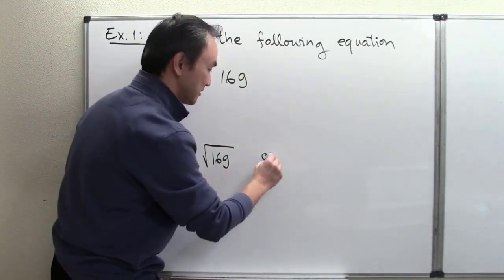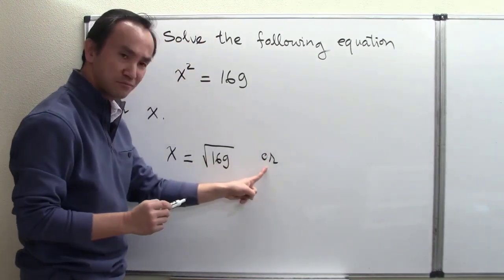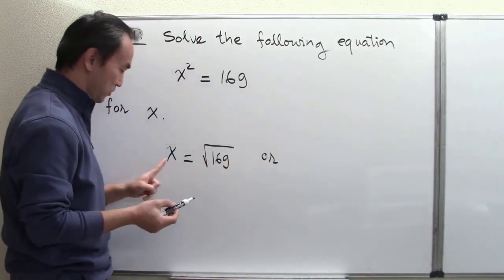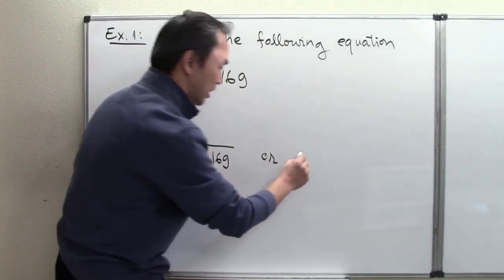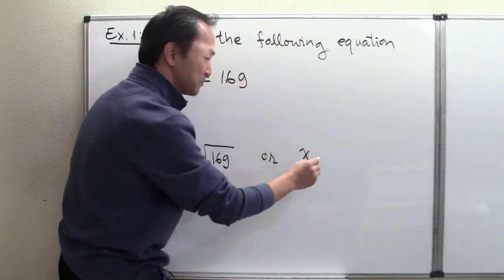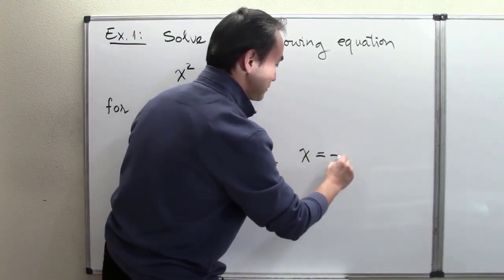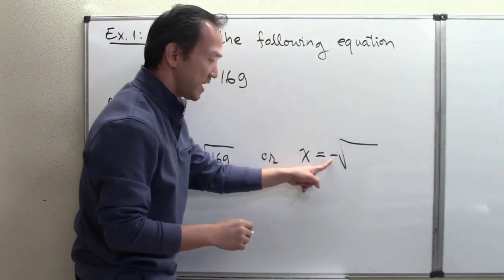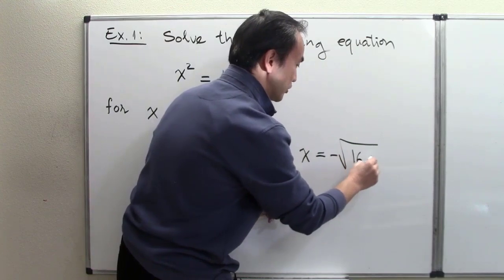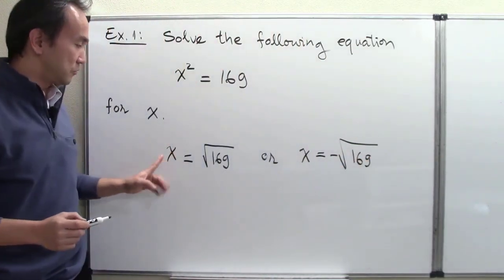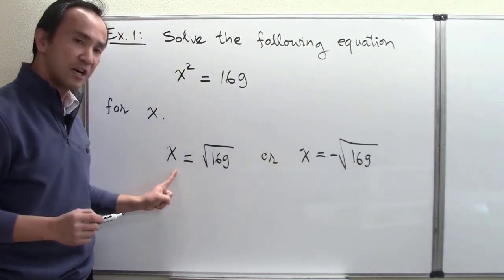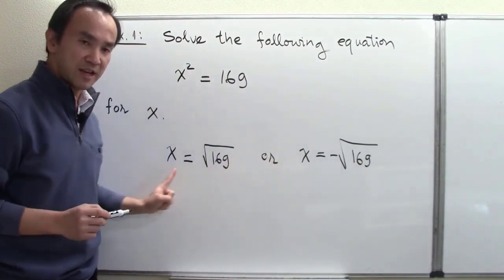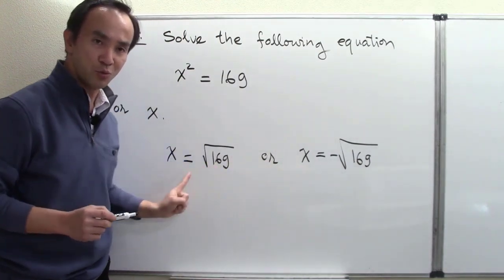And another possible solution, logically speaking, is the or. So on one hand, x equals square root of 169, or on the other hand, x may also equal negative square root of 169. We come up with these two possibilities for the value of the unknown x, which came straight out of the square root property.